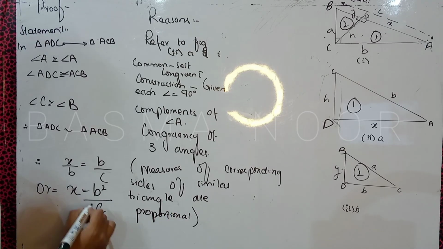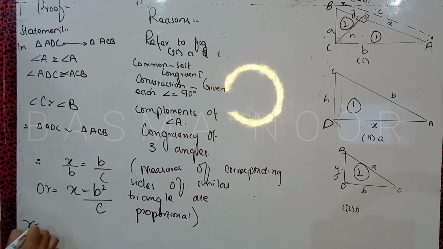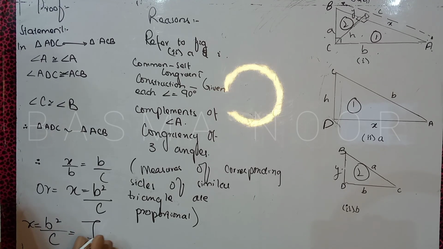This is the reason. And x is equal to b square over c. It's our first result.